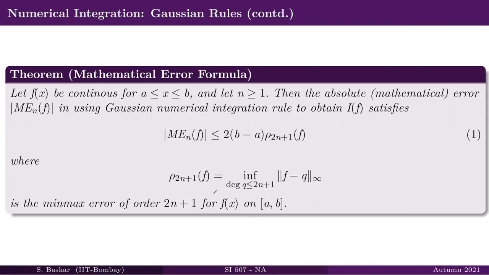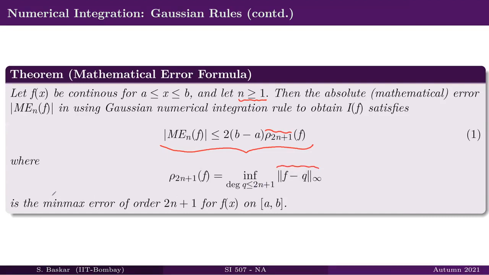Assume that f is continuous in an interval [a, b] and n greater than or equal to 1 is given to us, then the absolute mathematical error involved in the Gaussian quadrature rule satisfies this inequality, where rho is defined as the infimum of all polynomials of degree less than or equal to 2n plus 1 over the infinity norm of the difference between f minus that polynomial.